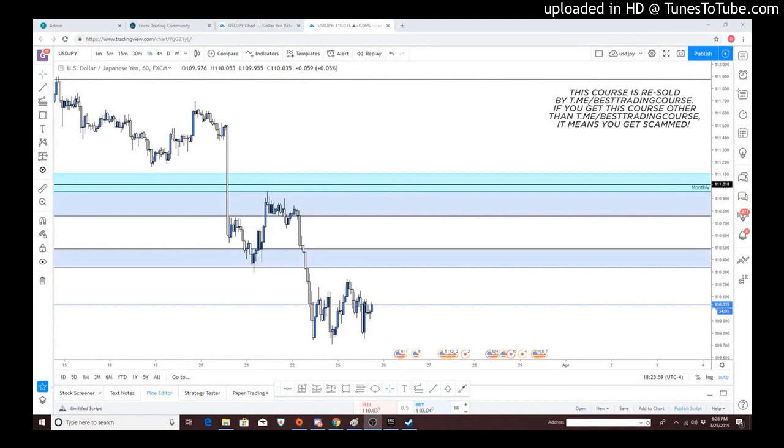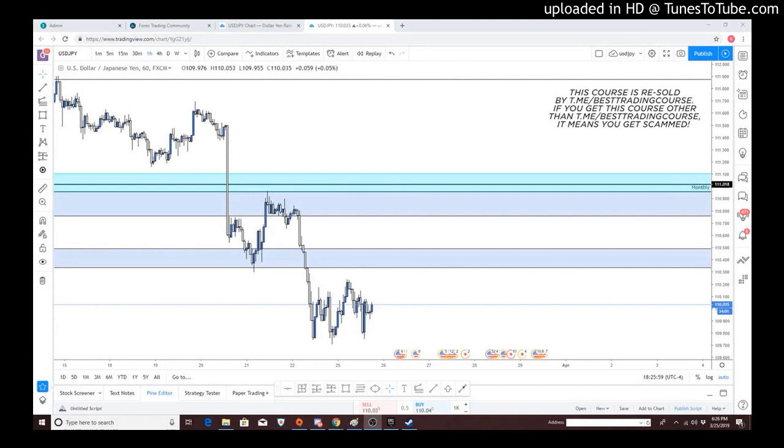Now, there's multiple levels of support and resistance you could use, but if we look here on the daily time frame, you can see right here there is a level of support. Price came down and found support. As you can see, there's also resistance here. It came down to this previous level of resistance, which then turned into a level of support.